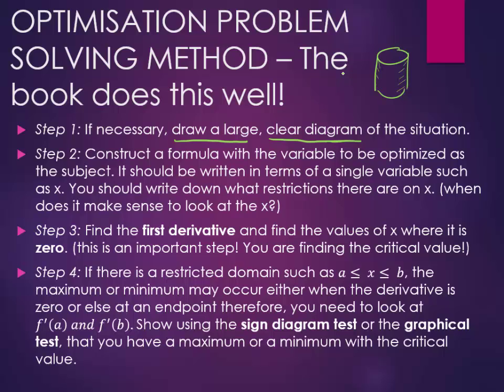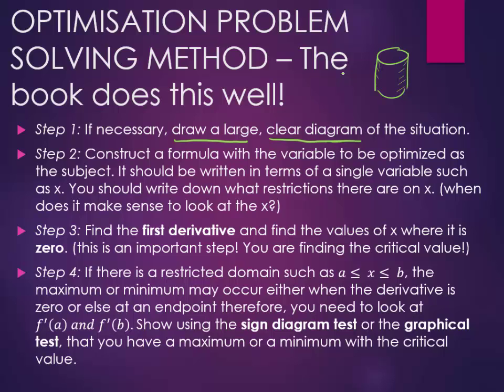We're going to construct a formula with the variables to be optimized. The formulas, they're not given to you. It is not a given formula situation. What you are given is usually an overall value, like a 4-liter container, 3,500 square feet, that kind of stuff.